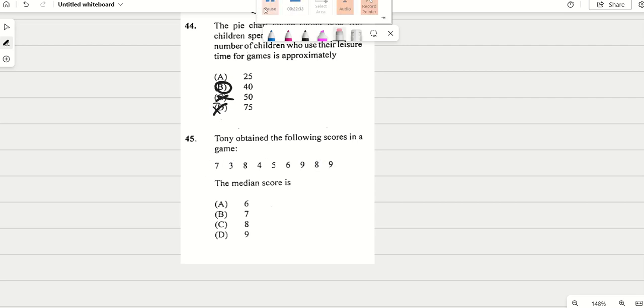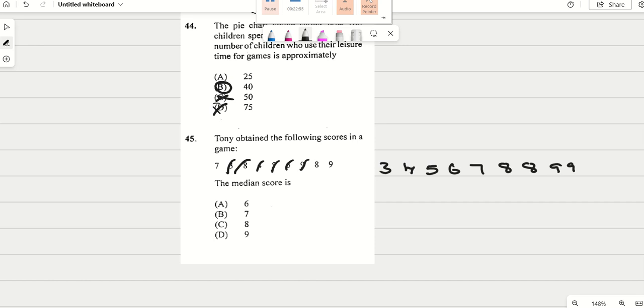So what you're supposed to do in this question, these are randomly obtained scores. You're supposed to put them from lowest to highest. So it would be 3, let's cross out the 3, then 4, cross out the 4, then 5, cross out the 5, then 6, then 7, then 8, then 8, then 9, and 9. Right?